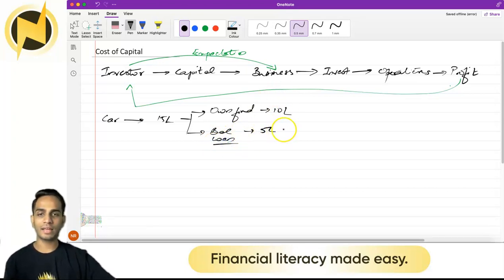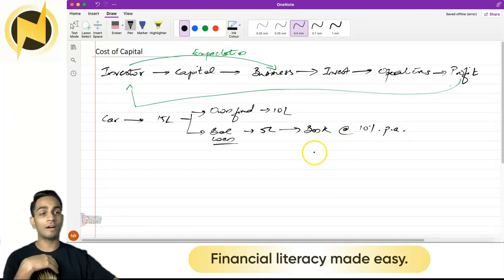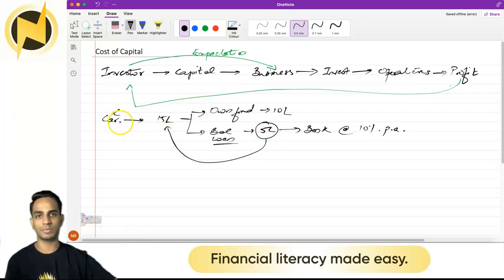A bank agrees to give you this loan, say at an interest rate of 10% per annum. You might have come across such a scenario in your life, or you might have come across people who have purchased cars and have taken loans from banks, right? So when the bank is giving you this 5 lakhs, what are they doing? They are adding onto your capital to buy this car, to make this investment, correct?